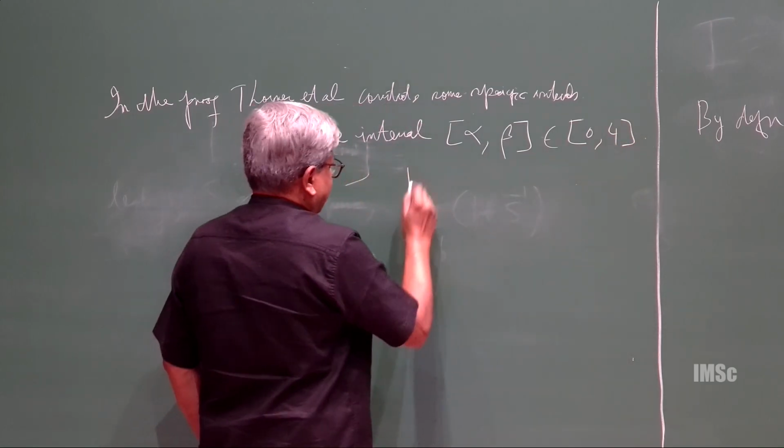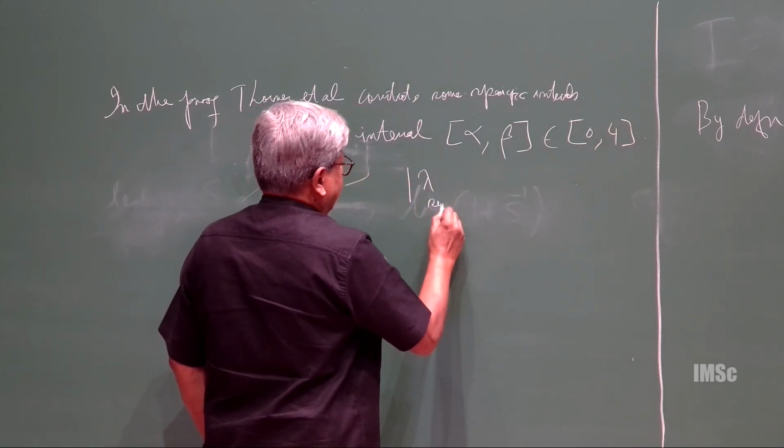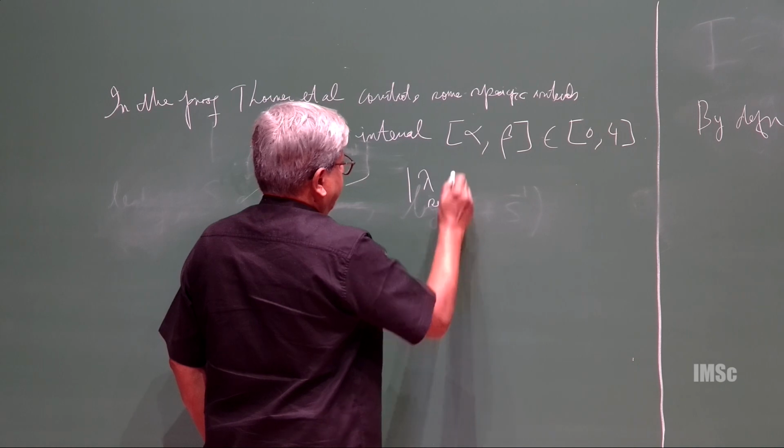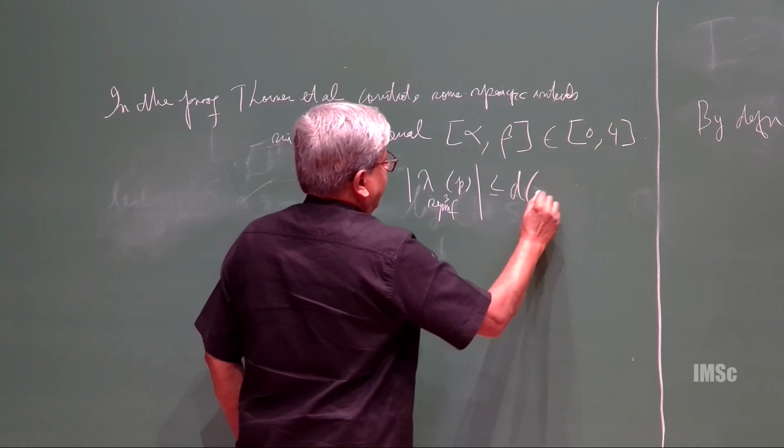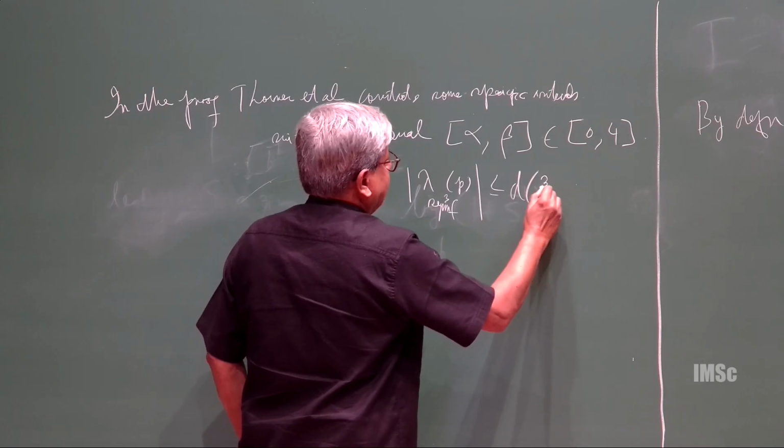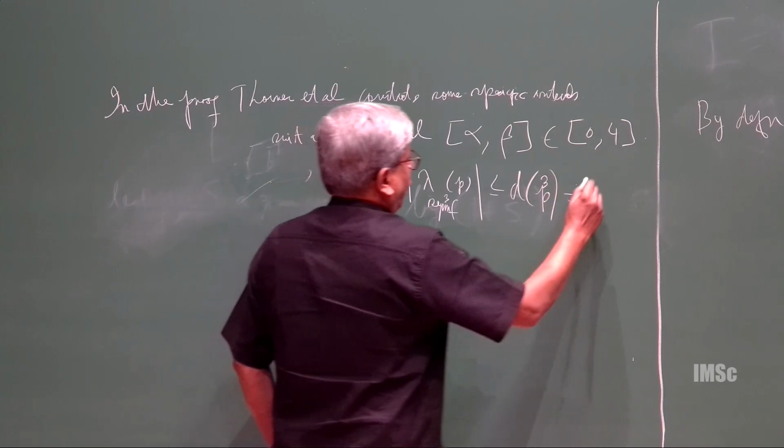Note that the absolute value of lambda sym^3 f at p is less than or equal to the number of divisors of p^3, that is equal to 4.